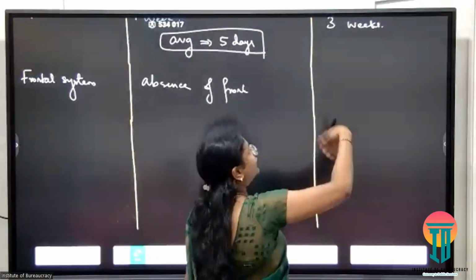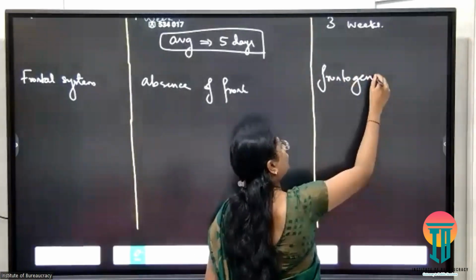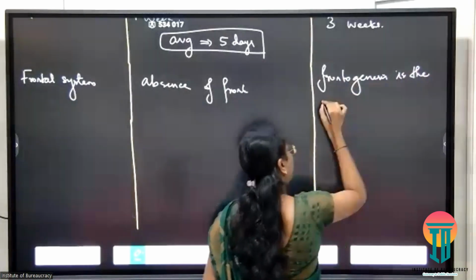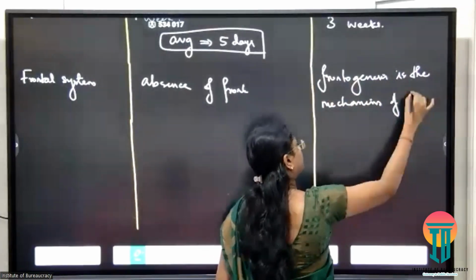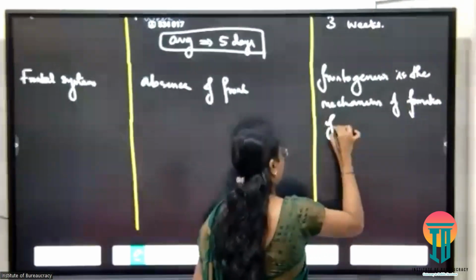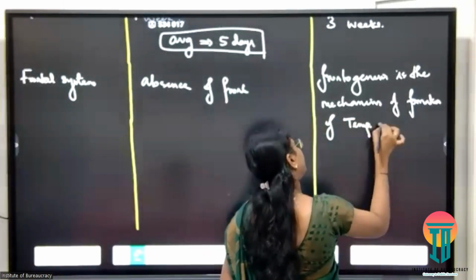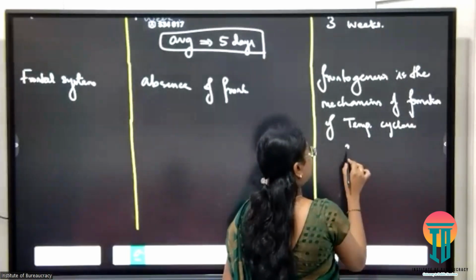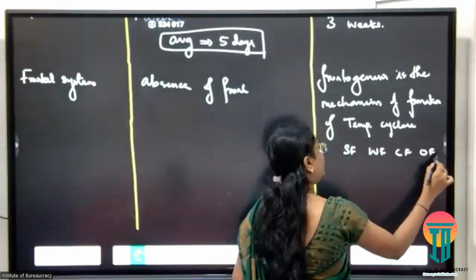The entire mechanism revolves around frontogenesis, the mechanism of formation of temperate cyclones. So various fronts are formed: stationary front, warm front, cold front, and occluded front.